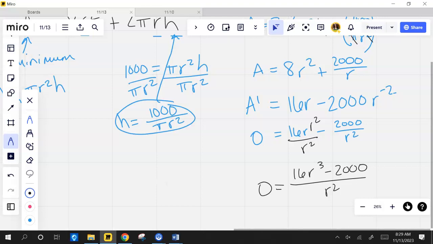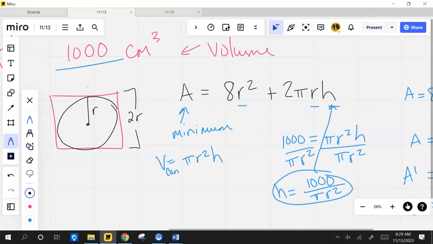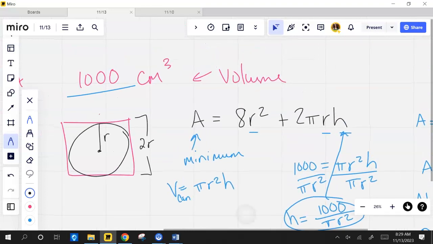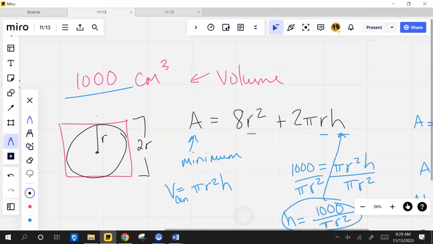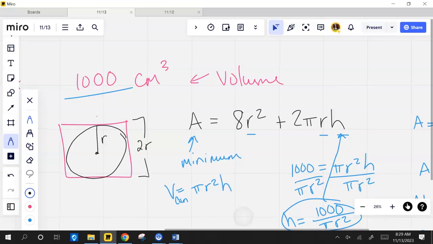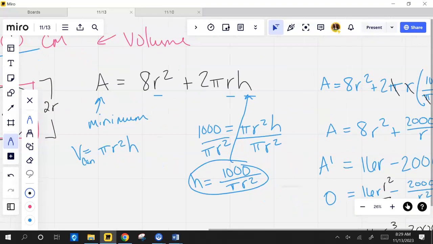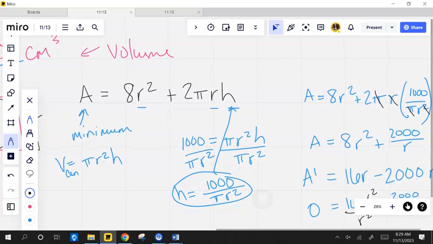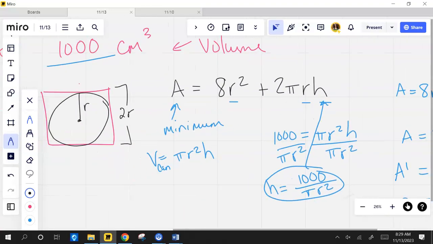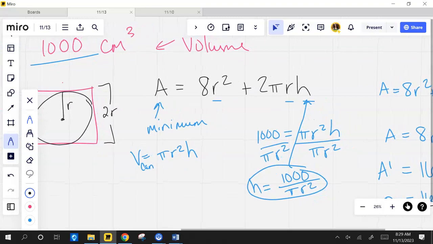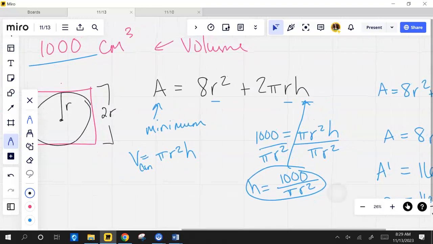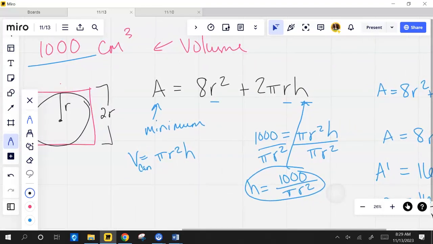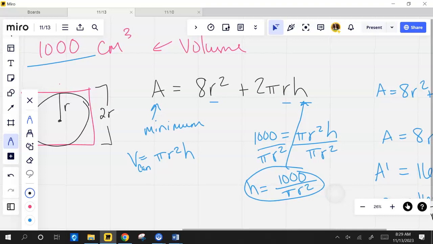Okay, so let's think about it. If the volume is 1,000, it's hard for me to think about the upwards limit right now. I say we solve it, we find what it is, and then we say, does it make sense in context of the problem?